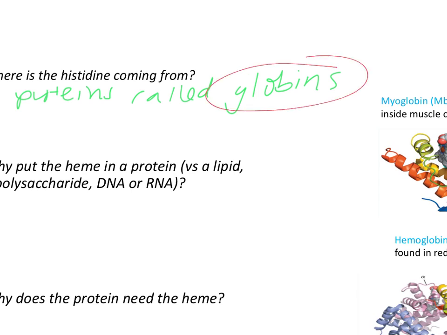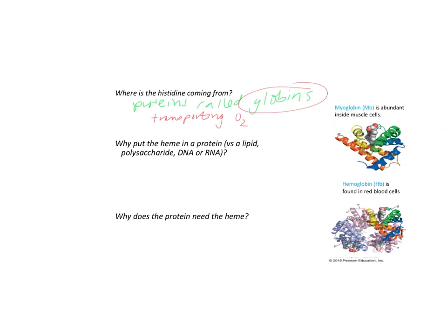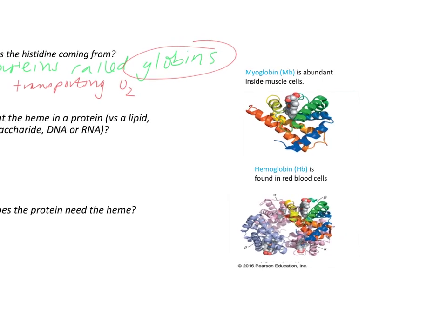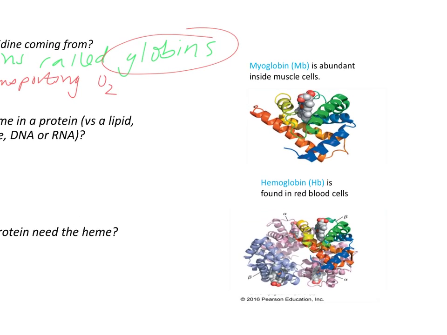What do globins do? Globins are responsible for transporting oxygen. Well, actually, let's just say this: different globins transport oxygen in different ways. So myoglobin is abundant inside of muscle cells, and it transports oxygen from the outside of the cell.